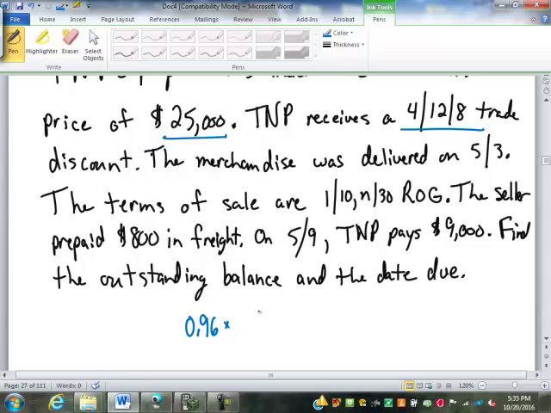0.96 times the 12, 0.88, and the 8, 0.92. I can either multiply those together, or I can just take the 25,000 times all of them.